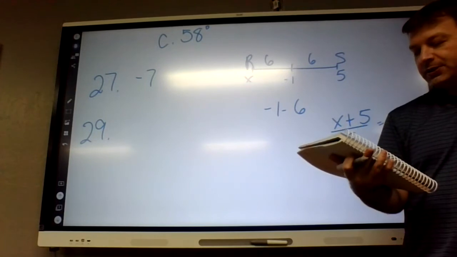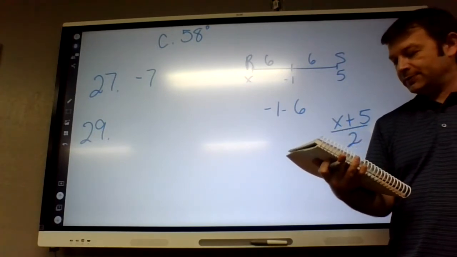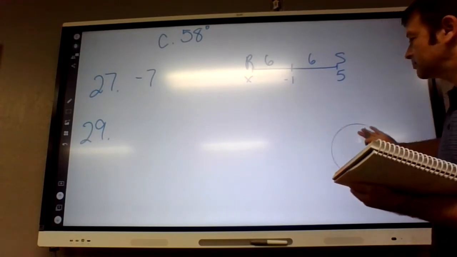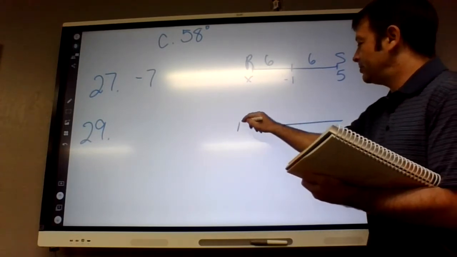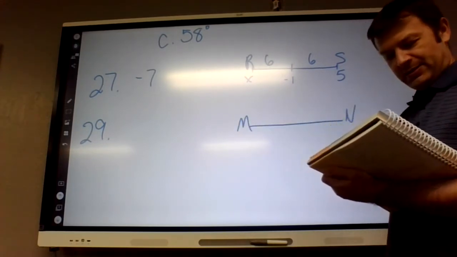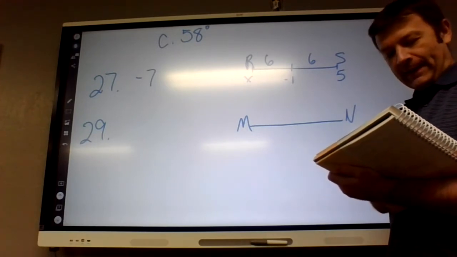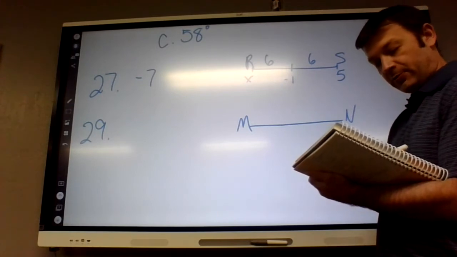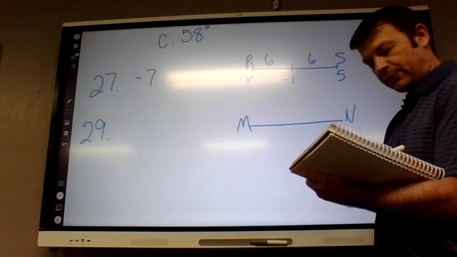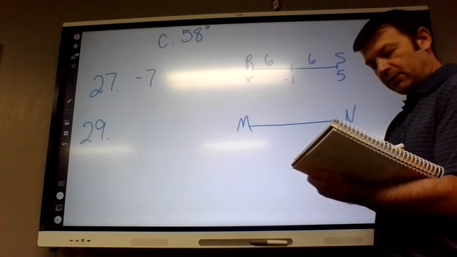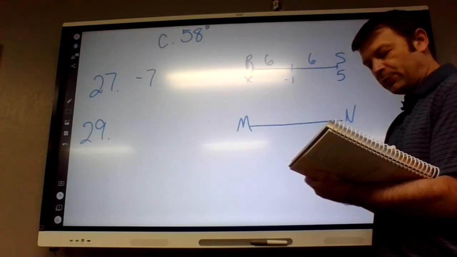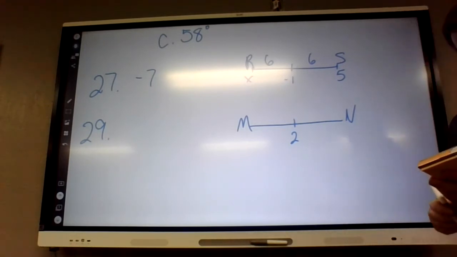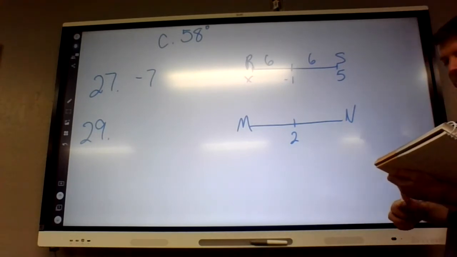29. Find the coordinates of the endpoints of MN. Okay, segment MN. The midpoint is 2. Wait, I'm reading the wrong one. No, find the coordinates of the endpoints. If the coordinate of the midpoint P is 2, and PM is 19. This is the same as the other one.